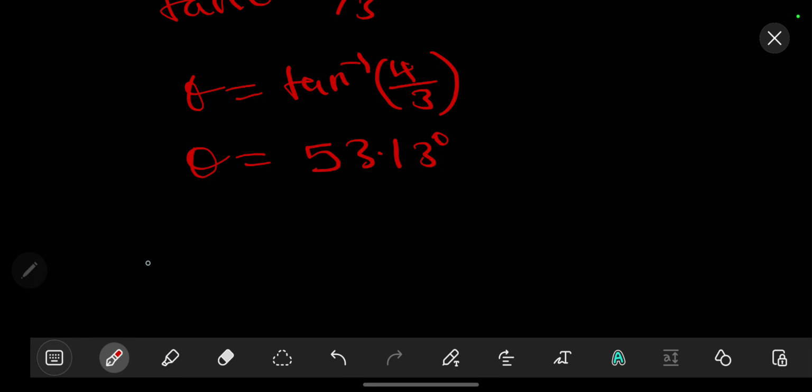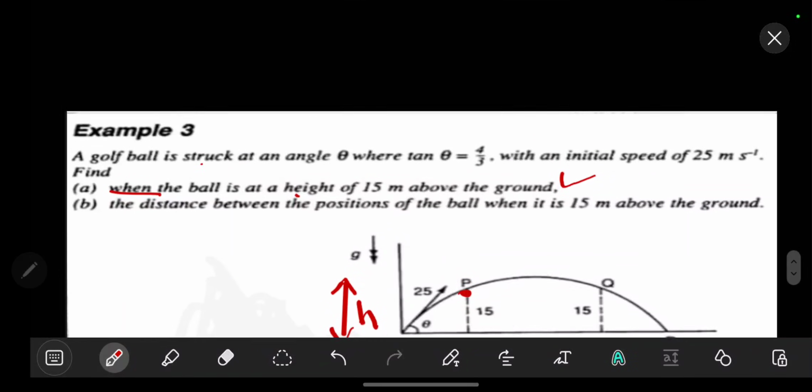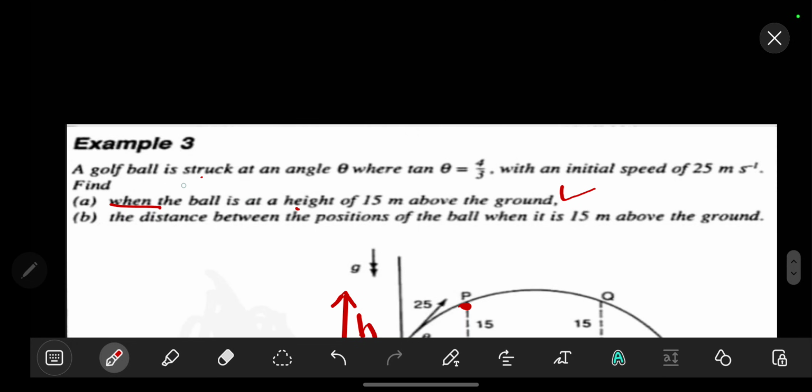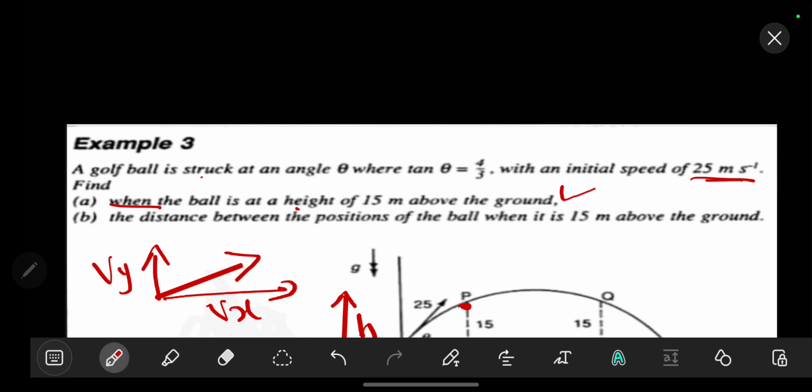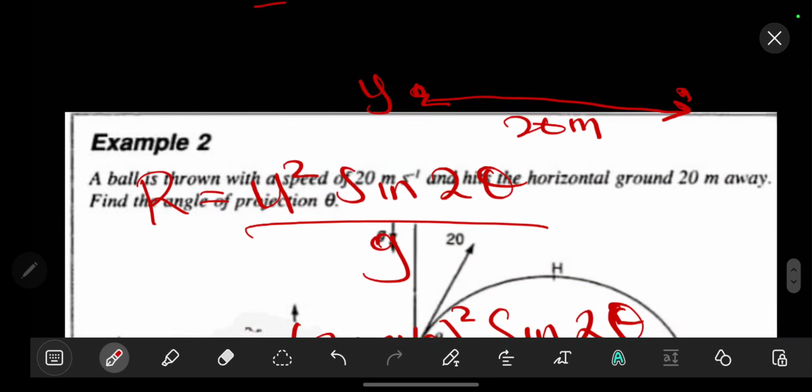So what we are going to say is that we have our vy, which should be equal to v sine of theta, where v is the initial velocity of projection. The ball is struck with an initial speed of 25, which can be resolved into vy and vx.